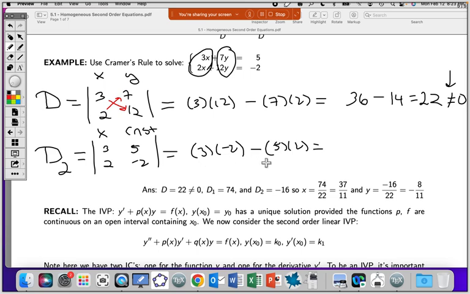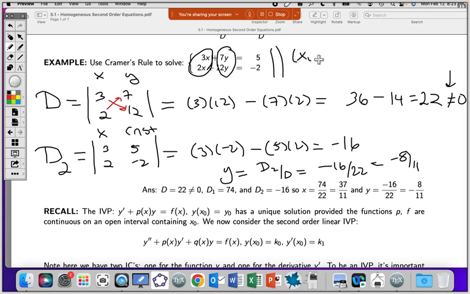You get negative 6 minus 10, negative 16. And so y equals d2 over d, negative 16 over 22, which is negative 8/11.